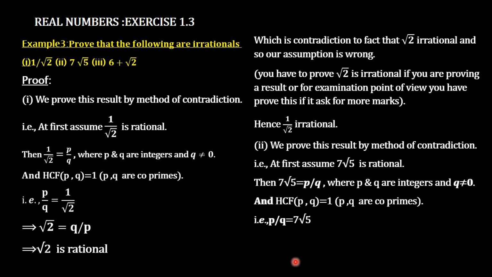By taking all integers to one side, we get root 5 equals P by 7Q. What does this imply? Root 5 equals an integer by another integer where 7Q not equal to 0. Since Q not equal to 0, 7Q not equal to 0. Then what can we prove?